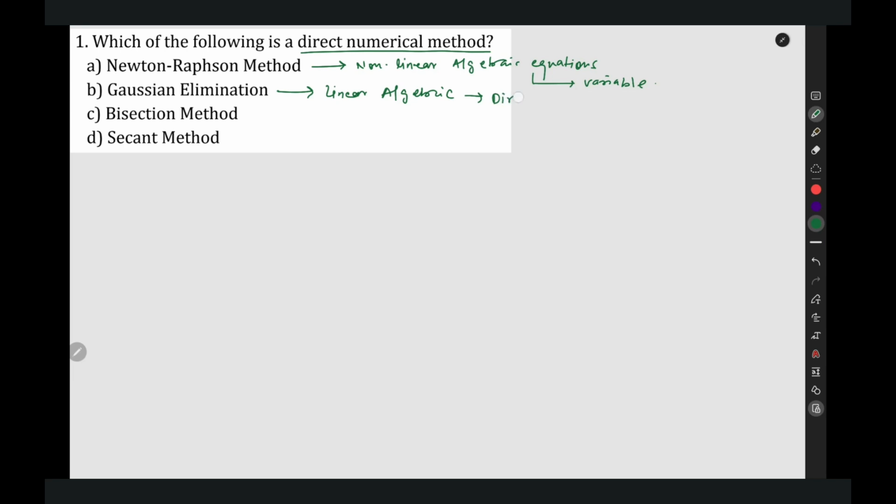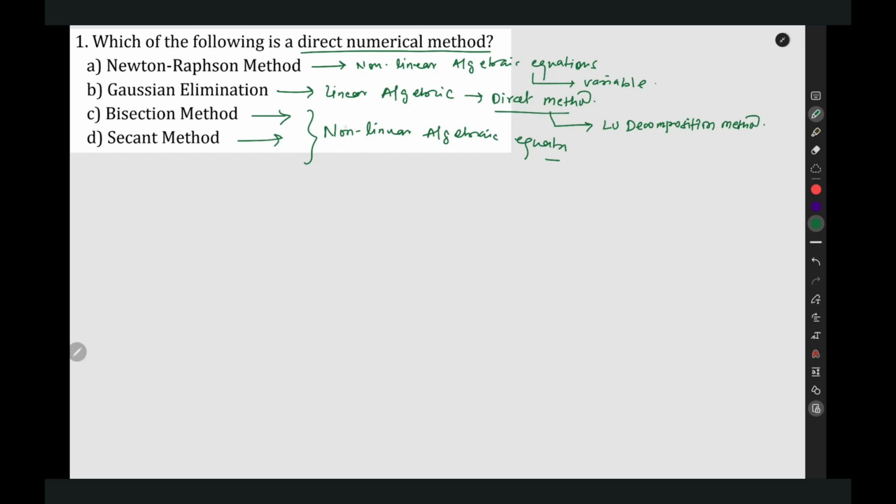This one is a direct method. Along with this, we have studied one more direct method, that is the LU decomposition method. We have studied bisection and secant in the case of non-linear algebraic equations, similar to the first one, Newton-Raphson. So for our question, option B is correct, Gauss elimination, which is a direct method.